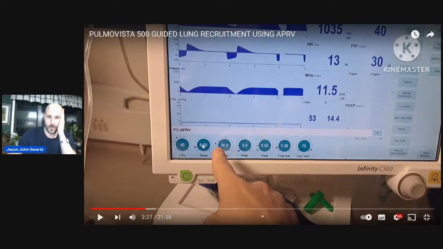Just by bringing this down to 0, will reduce that tidal volume. So you can do subtle changes here, and 75 is usually the gold standard.